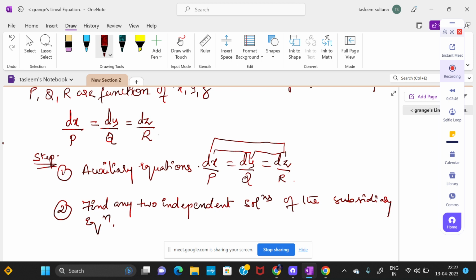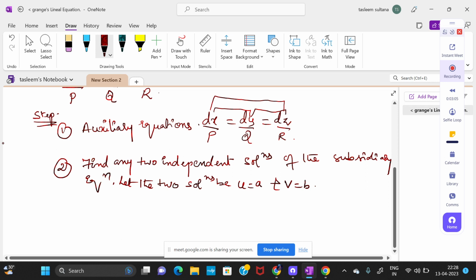Then let the two solutions be u is equal to a and v is equal to b, where a and b are arbitrary constants. Next, the third step: you write the general solution.